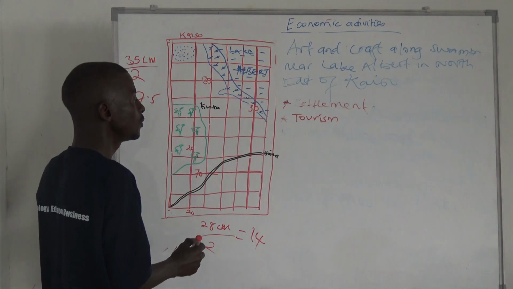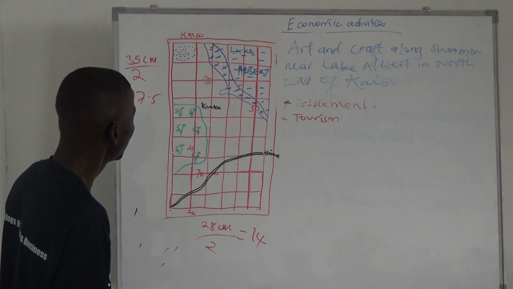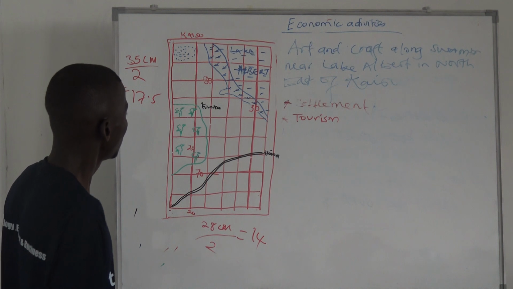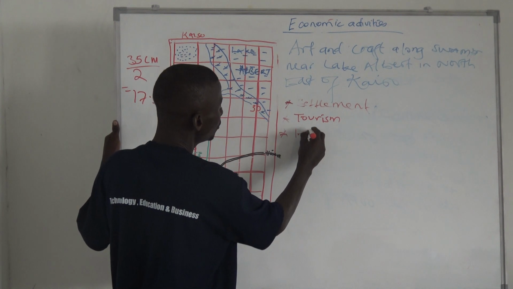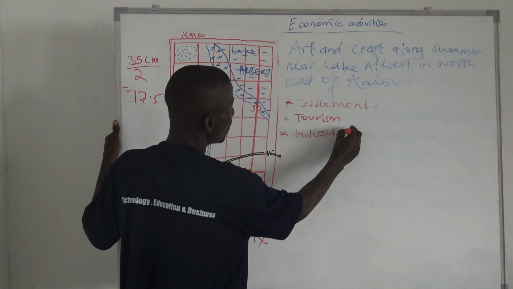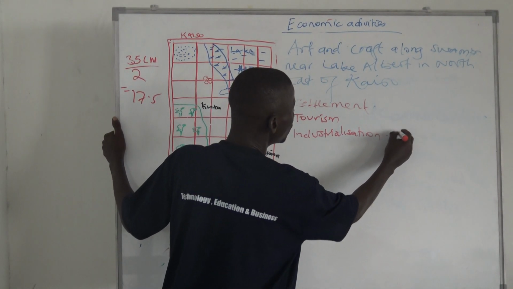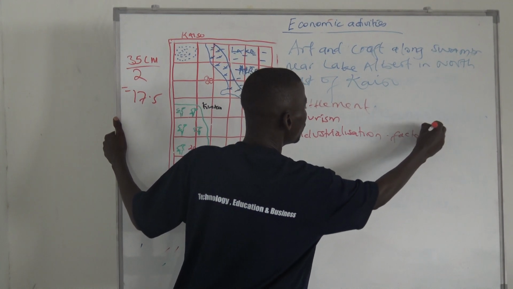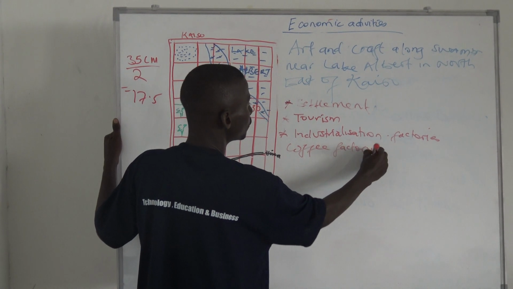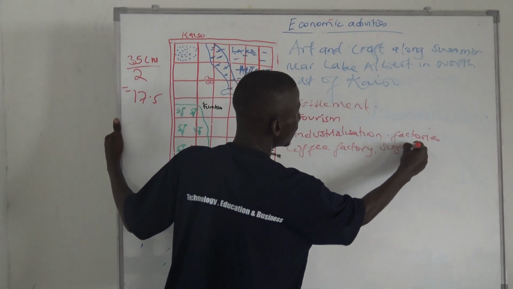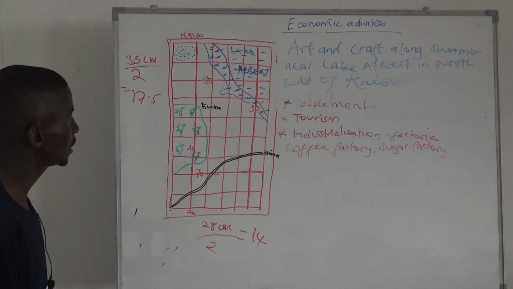To know that there is tourism, you will look for things to do with resort centers, hotels, etc. Another economic activity we can talk about is industrialization. You will see some industries, e.g. factories, for instance a coffee factory, maybe a sugar factory, which are all evidences of industrialization.